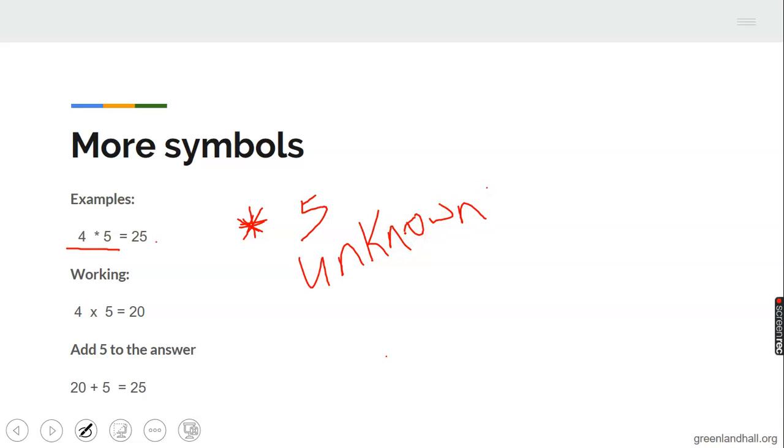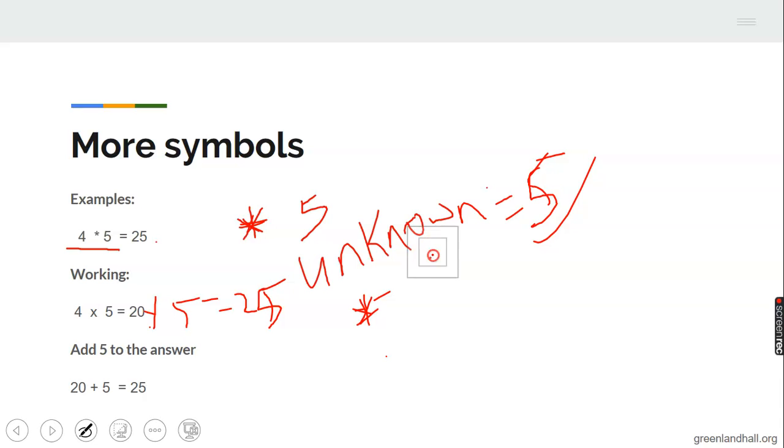Now we have asterisk 5. Now we say 4 times 5 will give us 20. Then add 5 to the answer. 20 plus 5 gives us 25. So our unknown figure is 5. Okay. Do you understand now? Alright, that asterisk is standing for what?